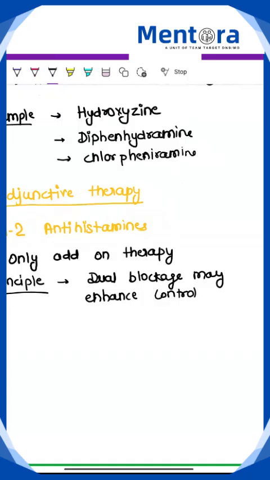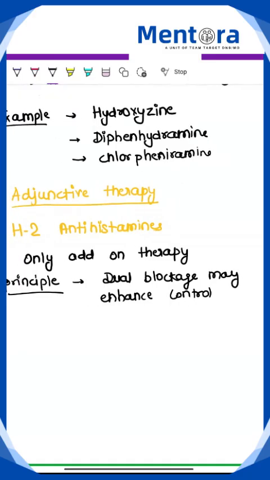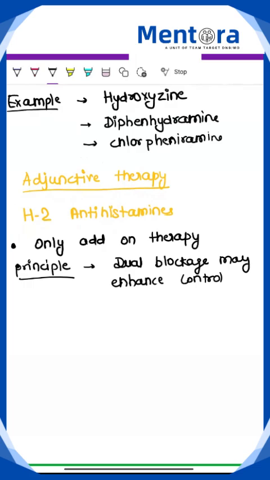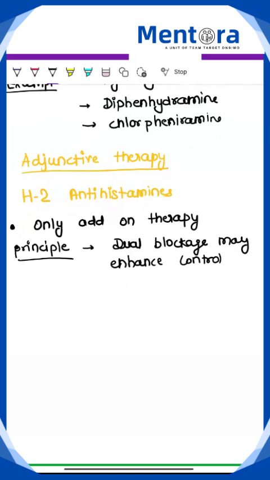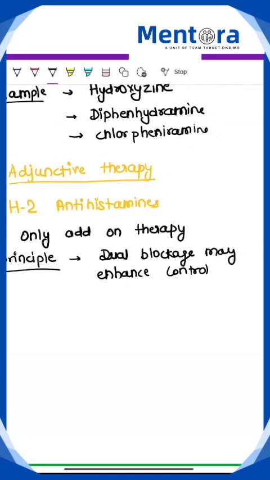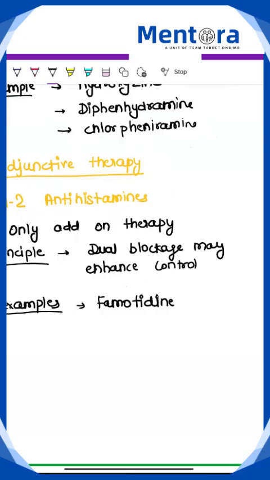Dual blockade means we never give H2 antihistamines alone. We should always give them with H1 antihistamines. So H1 along with H2 antihistamines causes dual blockade and it enhances control. The examples of H2 antihistamines: famotidine and ranitidine.